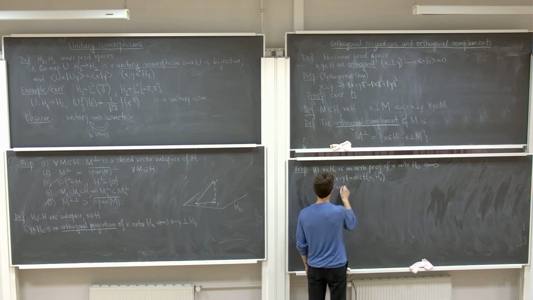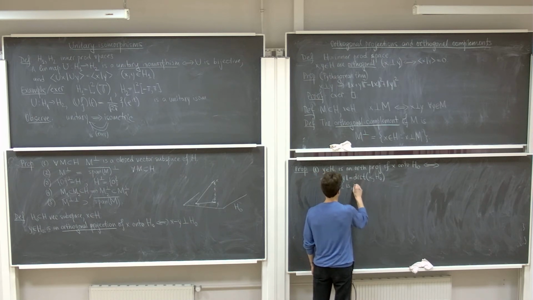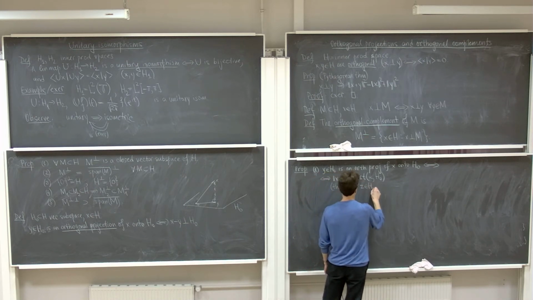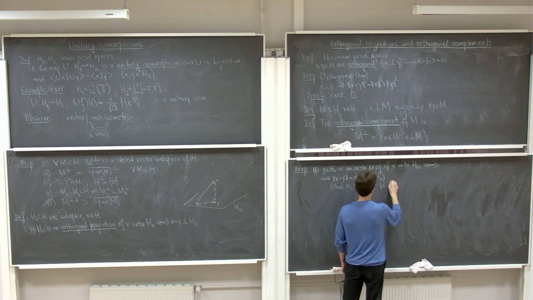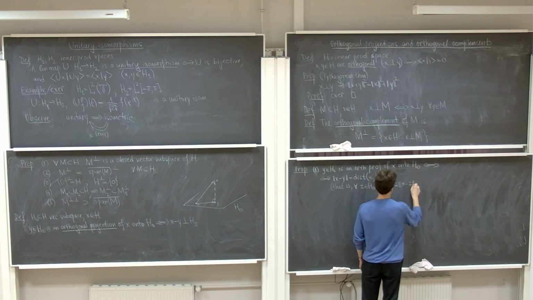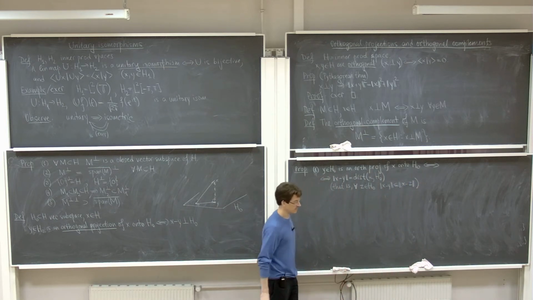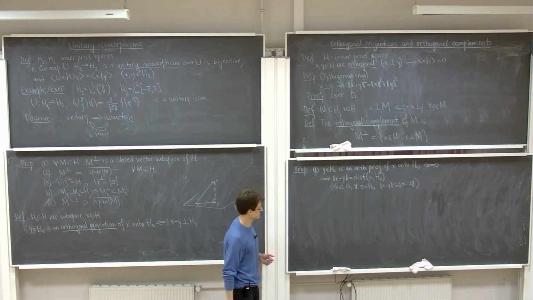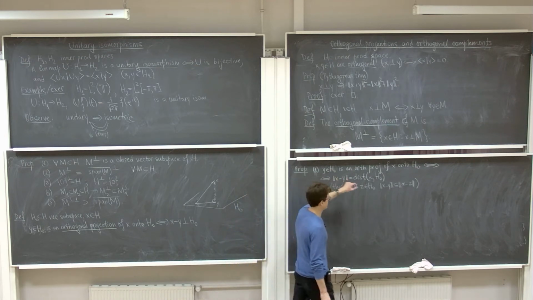Equivalently, explicitly this means that for each element z in H0, we have the following inequality. So y is the nearest point in H0 to x.